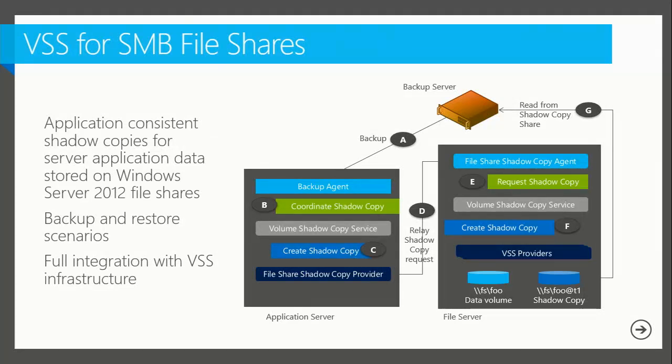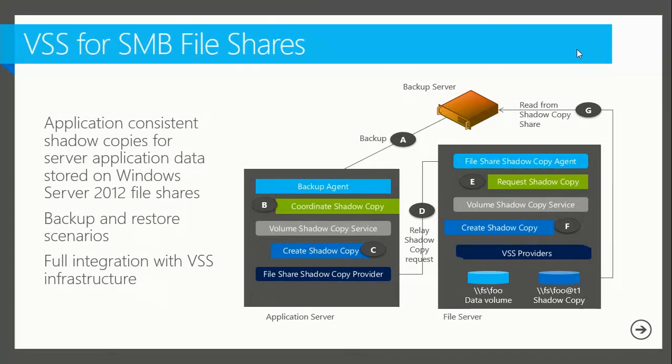VSS. And interestingly enough, the V in VSS stands for volume. And a share is not a volume. So we actually had to do a significant amount of work to make it so that VSS could perform a backup using a remote file share as the data location. And that's essentially what we're doing here.